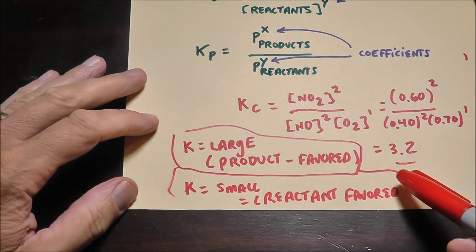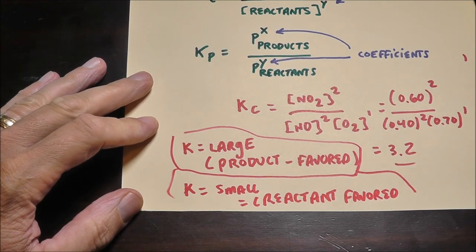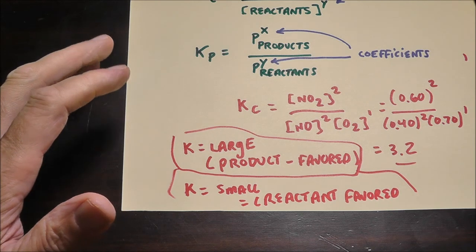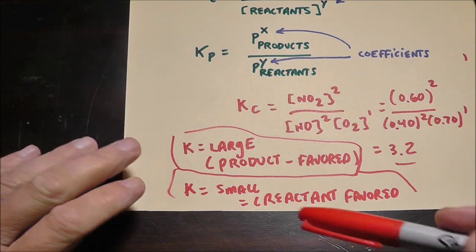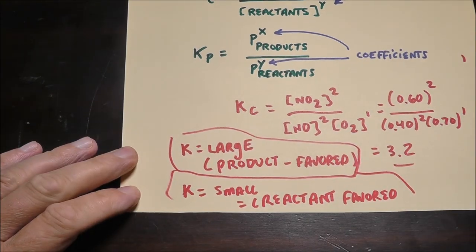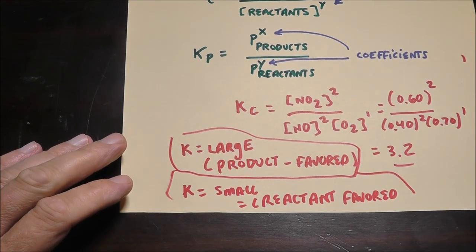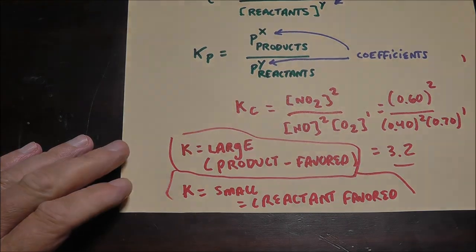For example, the K of ionization of acetic acid, a very mild acid, is 1.8 times 10 to the minus 5, which is really small, but that's why it's such a mild acid. So these K values tell you a lot, and we're going to use them right now.